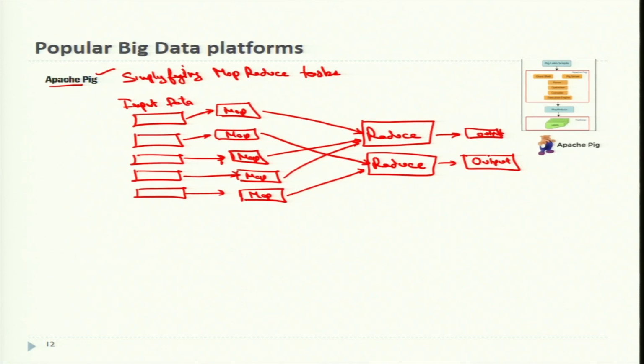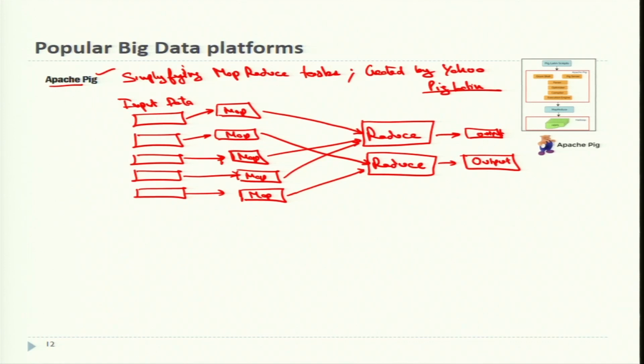So, majorly to simplify the MapReduce tasks, Yahoo created Apache Pig, so that Hadoop MapReduce programs could be better used. Pig lets programmers use Pig Latin, which is a scripting language created for the Pig framework and executed by the Pig runtime.